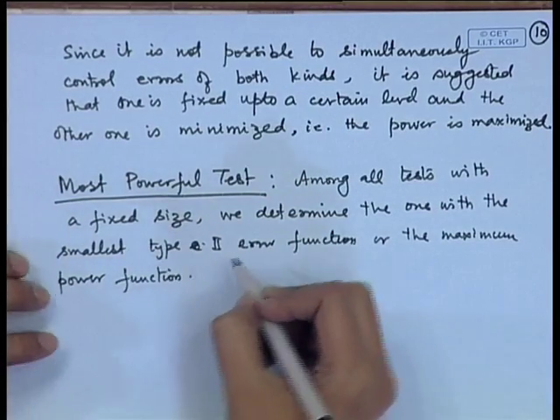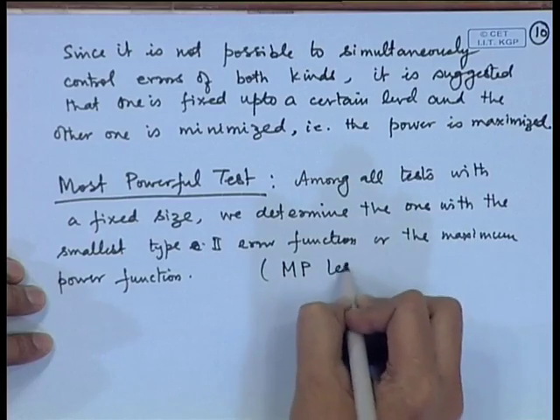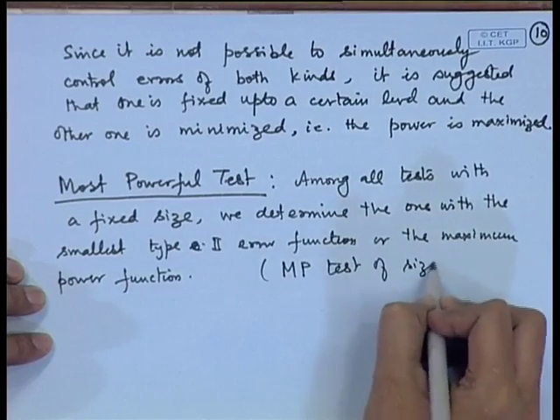So, this is called the most powerful test, or MP test, of size say alpha.